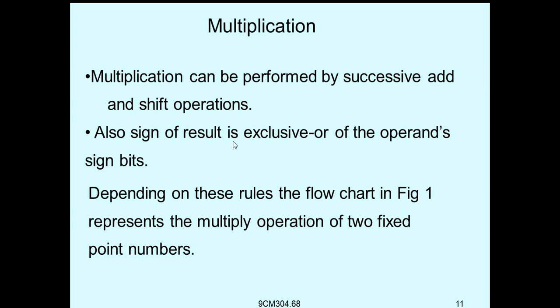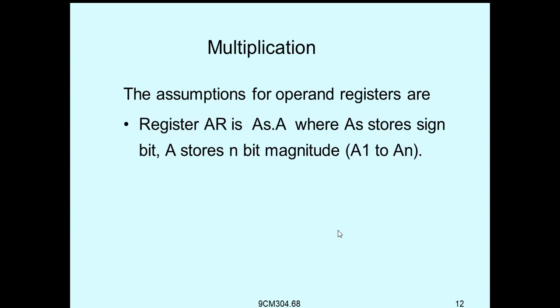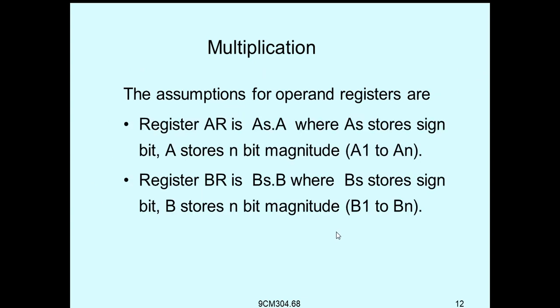Also, the sign of the result is the XOR of the operands' sign bits. So depending on these rules, the flowchart represents the multiply operation of two fixed point numbers.